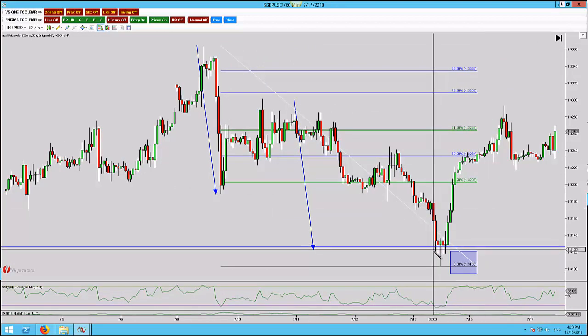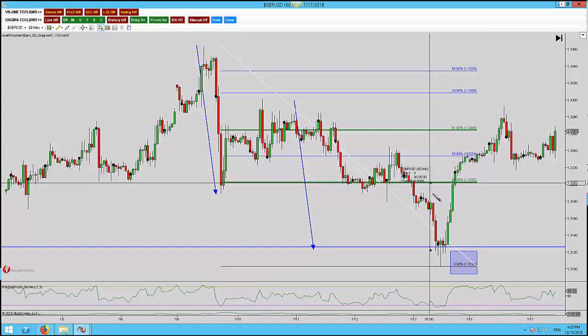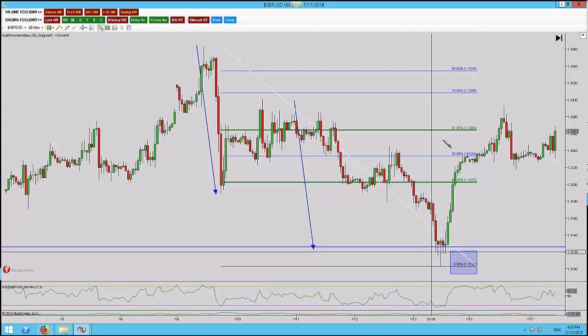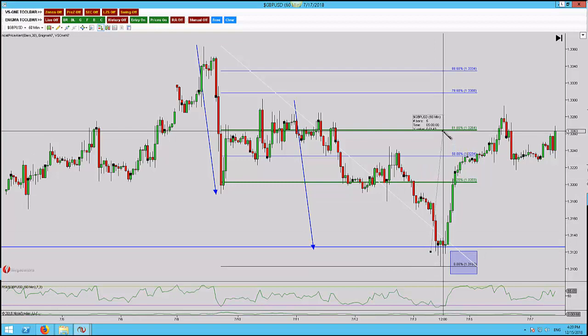You can see here both have been hit, so that was a risk of 27. We got target 1 for 80, which is half, 40, target 2 for 140, so 70, so that's a 110.